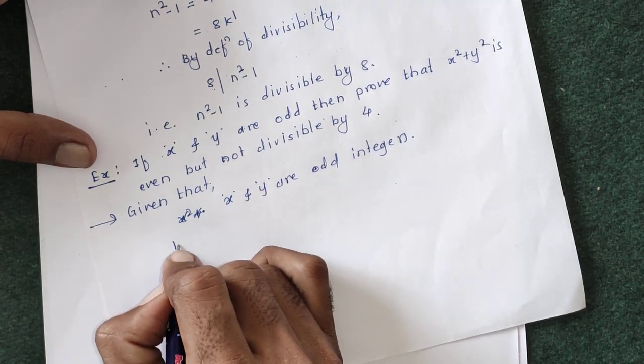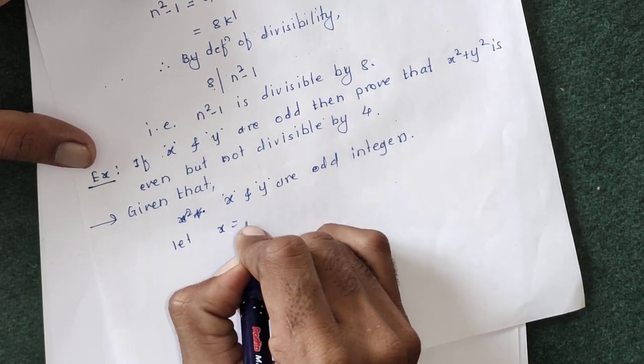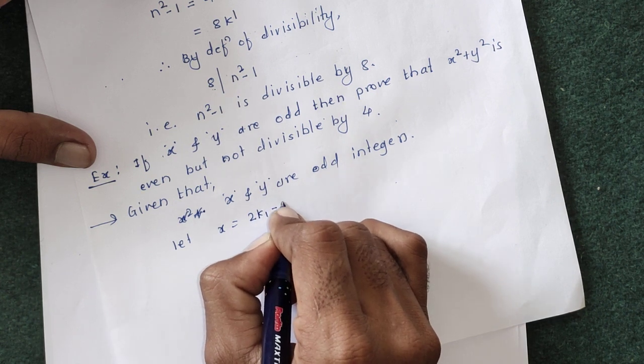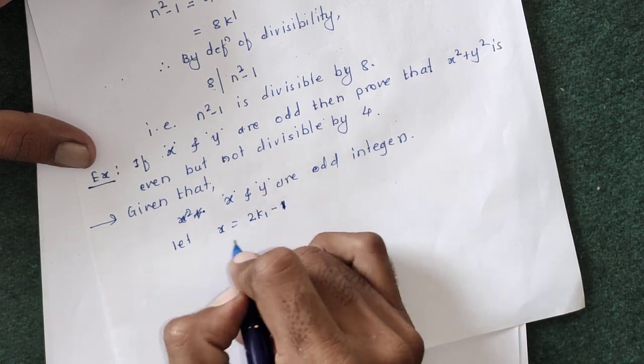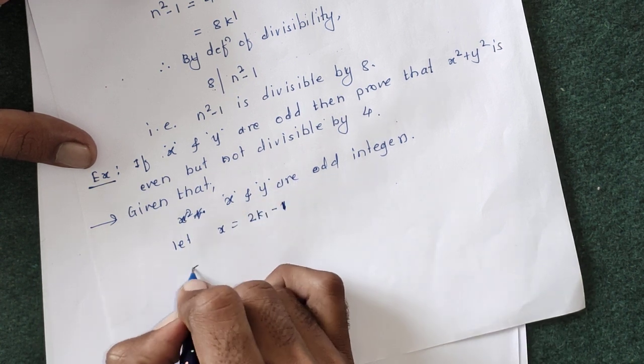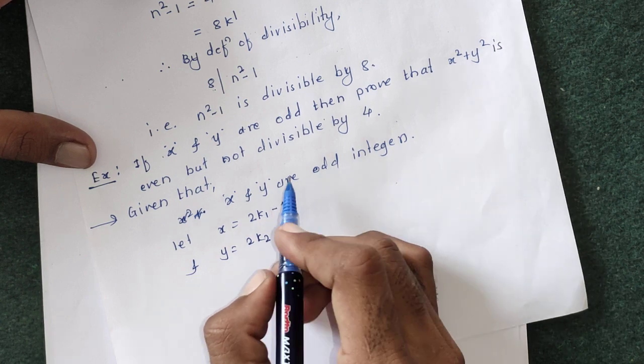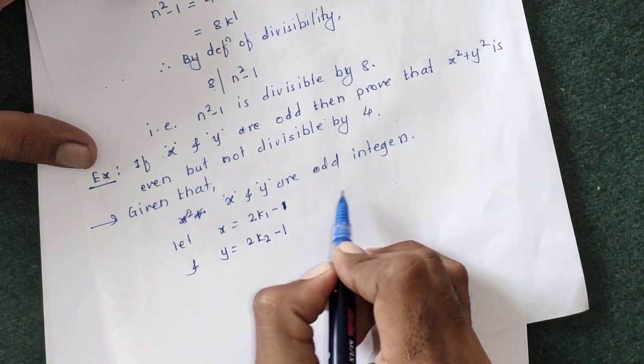Therefore let x be equal to 2k1 minus 1, and y equal to 2k2 minus 1. We know that odd integers are of the form 2k minus 1.